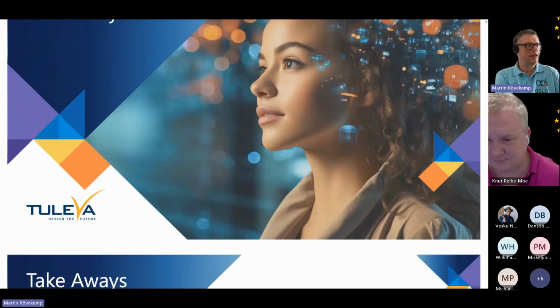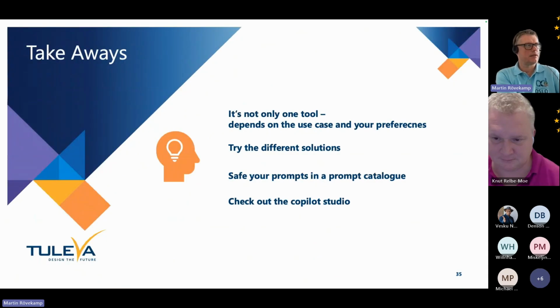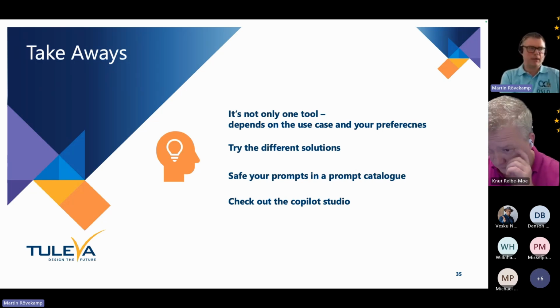So our takeaways now. It's not only one tool to use. It depends on your use case and your preferences. As you have seen, I had tried out a few image generators, and sometimes I use Flux, sometimes I use DALL-E, and sometimes I use Midjourney. It depends on the idea.